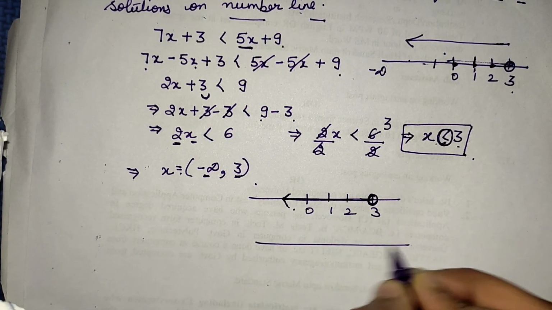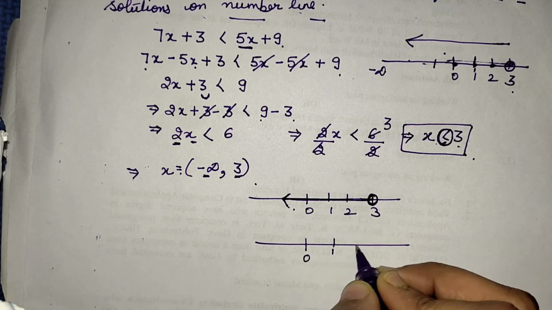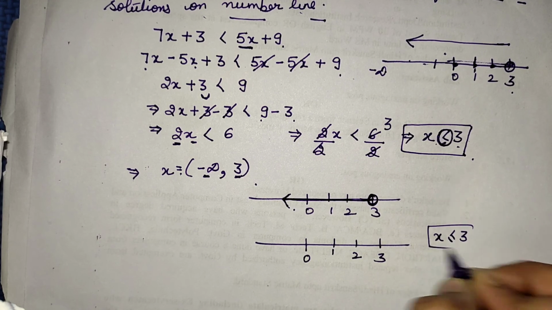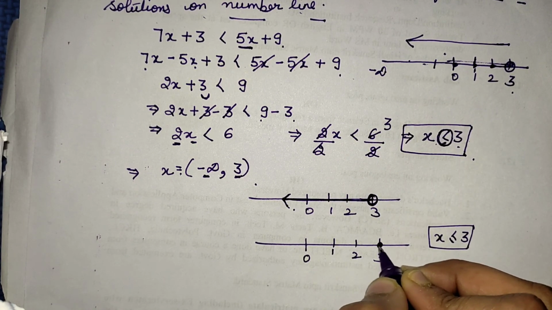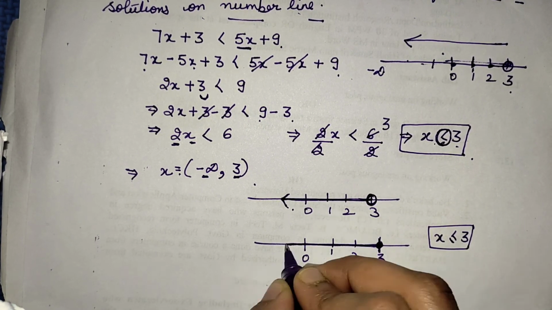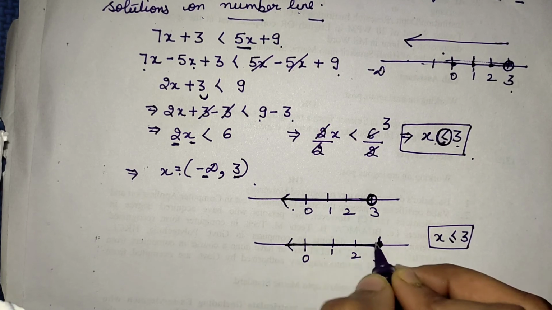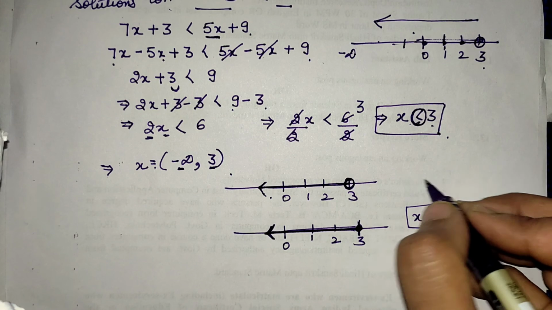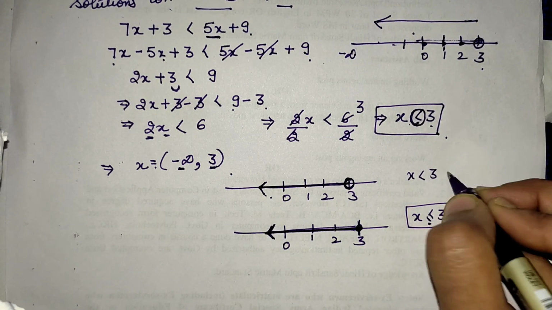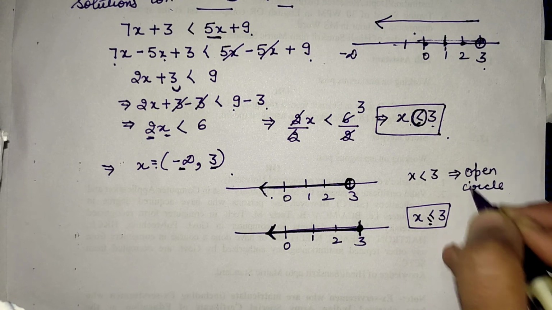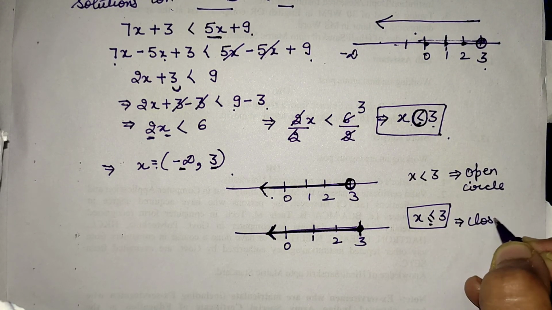If the equal to symbol was there, suppose in the answer x was less than or equal to 3, then we would use a closed circle like this, and the solution would be to the left hand side of this 3. This is for equal to, and this is for only less than. This is called an open circle and this is called a closed circle. Understood?